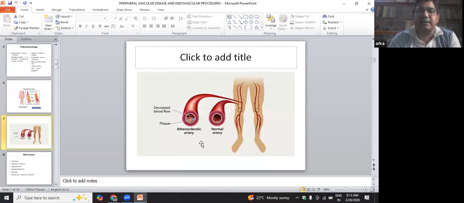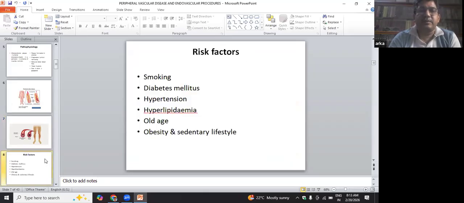This is the normal artery, and this is the atherosclerotic artery with the lumen reduced due to deposition of atherosclerotic plaque, thus producing decreased blood flow. So, what are the risk factors?